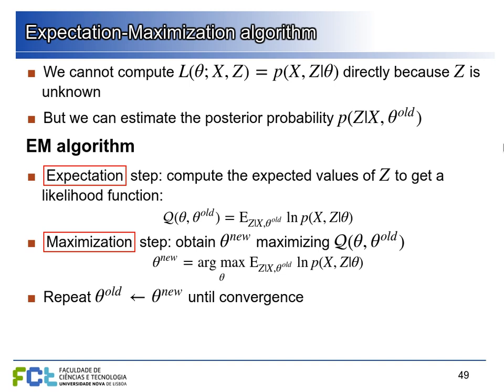So first we fill in the gaps in our likelihood function by estimating the z values from a previous guess of our parameters, and then we adjust our parameters by maximizing the likelihood using that expression. And now we repeat this going back and forth between the two. After we optimize the parameters, we have a new, better guess for our parameters.